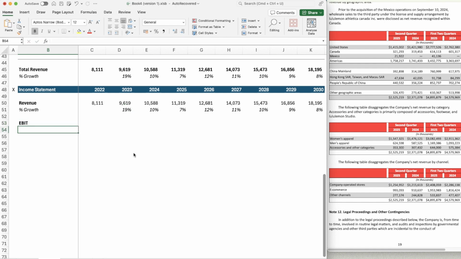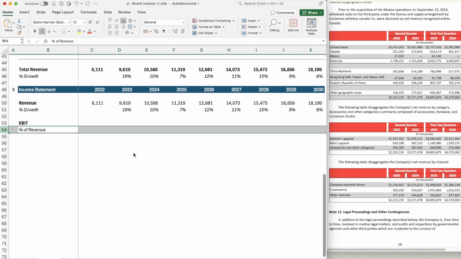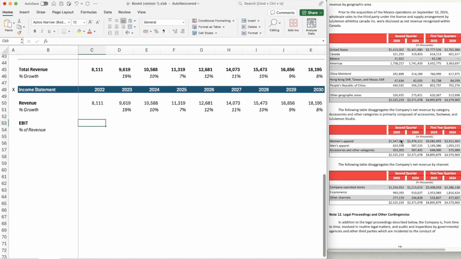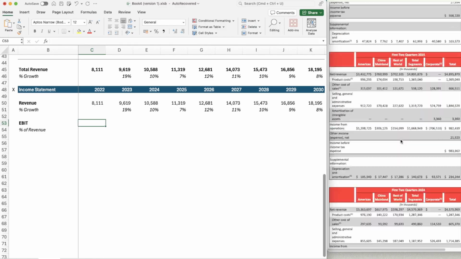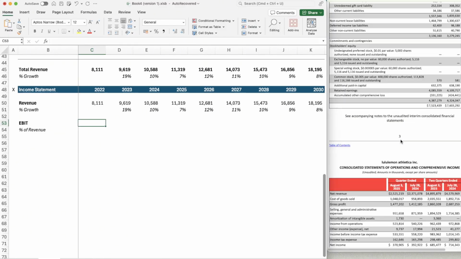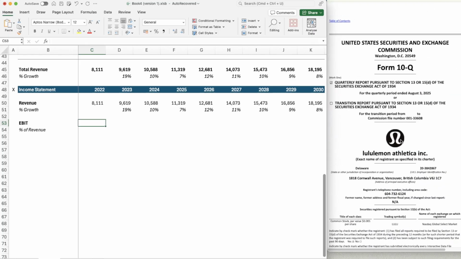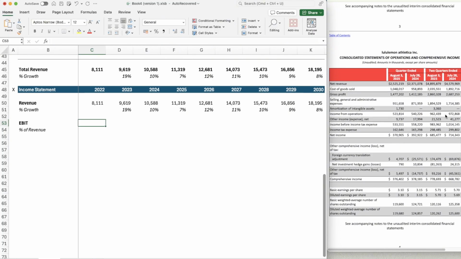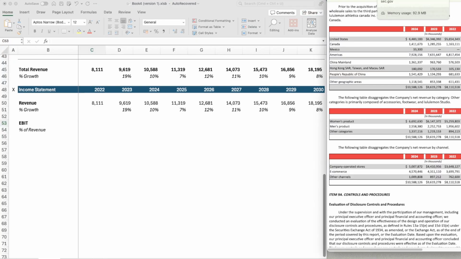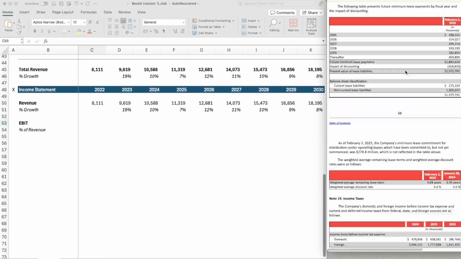EBIT, that's your operating income. I want to know what this is as a percentage of revenue. Where's their income statement? So income from operations is what we need, but let's do the previous years first.